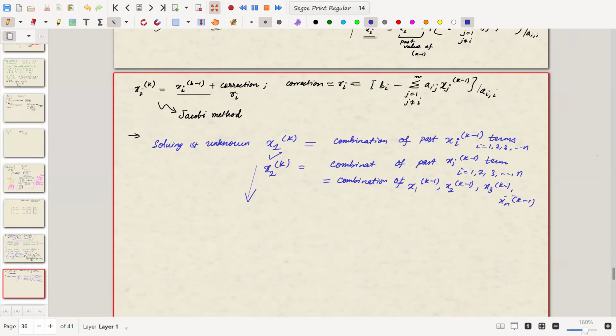It is all a linear combination of these. You solved the new value x1 of k, but still in your method, you are using the past value of x1 at k minus 1. Why not use this updated one here? Instead of x1 of k minus 1, you can use x1 of k, which is the fresh x1 state. In that way, the method will be more improved.